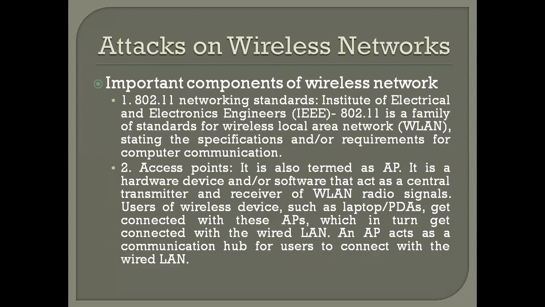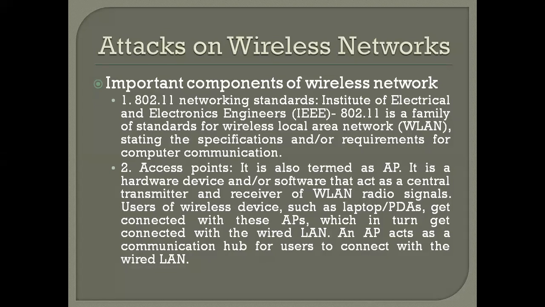The first one is 802.11, IEEE 802.11, a networking standard from the Institute of Electrical and Electronics Engineers. It is a family of standards for wireless local area networks, that is WLAN. You know LAN, WAN, MAN, no? So that is a wireless LAN, specifying the requirements for computer communication. So the wireless network standard is IEEE 802.11.